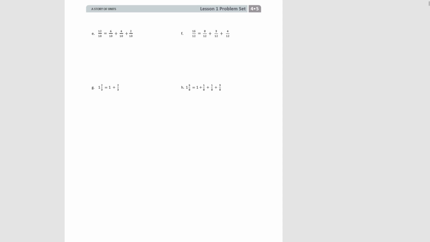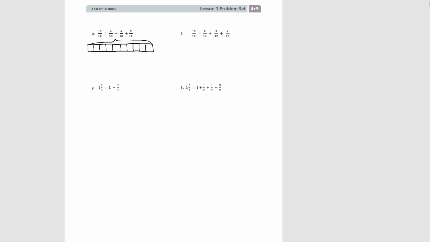Okay, moving on, pause the video and try E. For E, our tape diagram is divided into 1 whole into 10 pieces. And so we have 10 here.